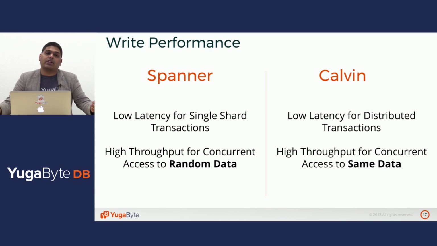So that there are concurrent access into the cluster, but each access is hitting some different piece of data point. So high throughput for concurrent access to random data is Spanner's forte.